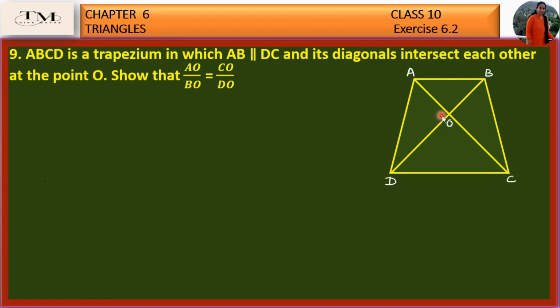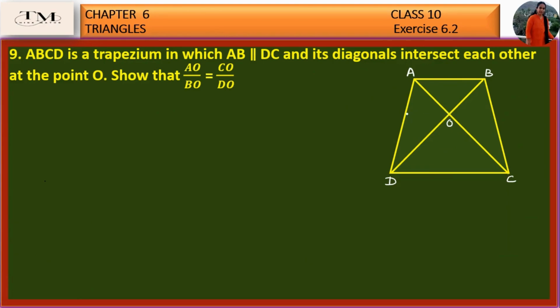What is a trapezium? Exactly, one pair of opposite sides is parallel. Here AB is parallel to DC. These diagonals AC and BD intersect at O.